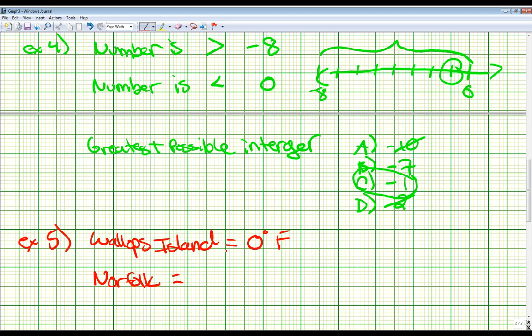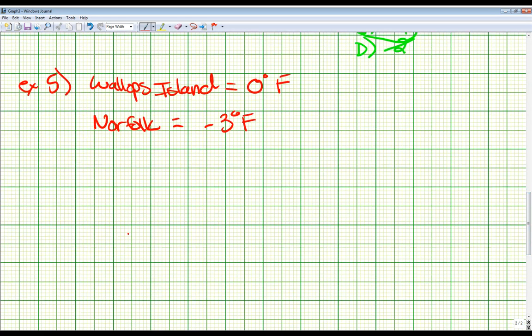And that one is a -3 degrees Fahrenheit. Still pretty cold. The next highest temperature is going to be Lynchburg. And that one has a temperature of -10 degrees Fahrenheit.